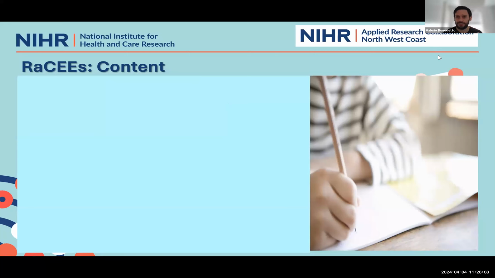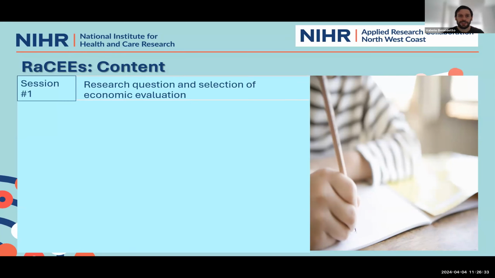It might take some time and resources to grow your skills around all these elements, but we are going to try to cover everything you need. We are not expecting you to become a fully fledged health economist. There are things we ourselves need to learn every time. This is just to give you the skills to write a RACE together with us.